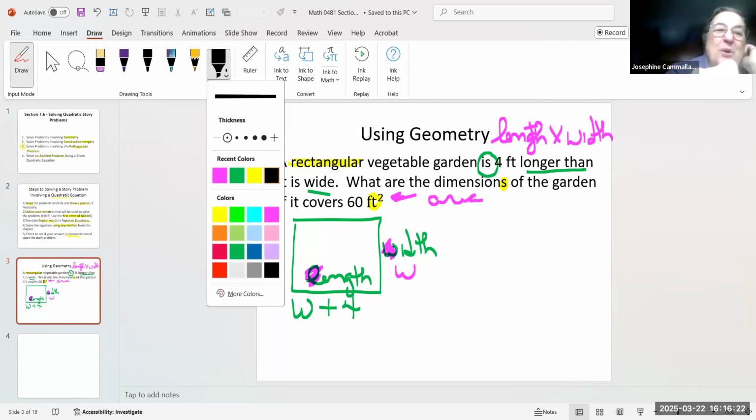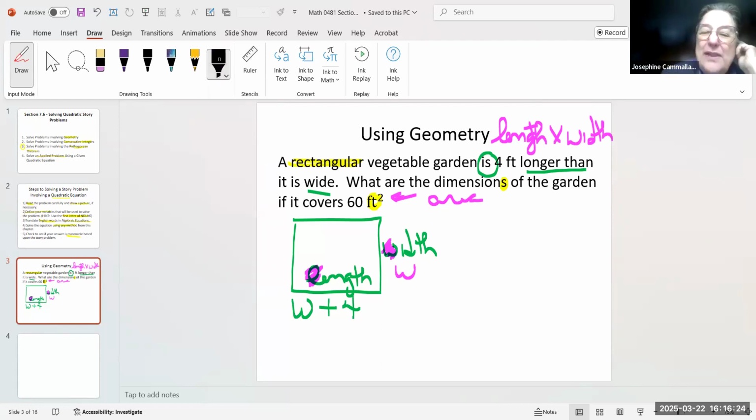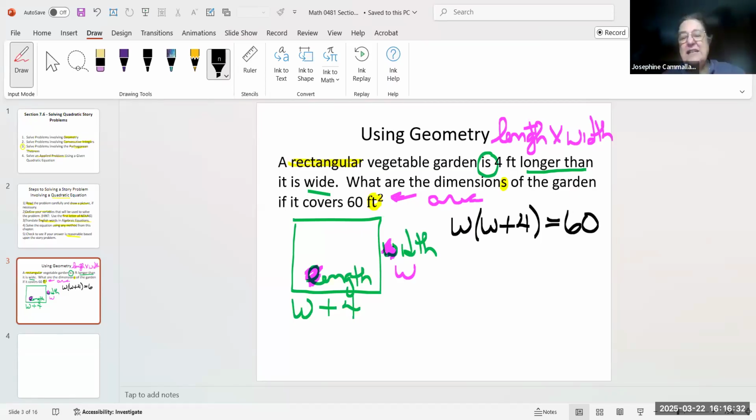Well, my width is W, my length is W plus 4, and this is going to equal 60. Area is length times width, a formula you should know for a rectangle. That little 2 says I have area.